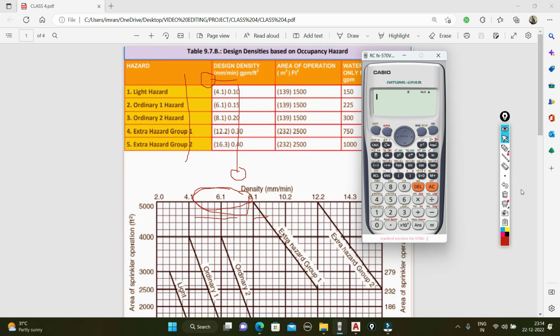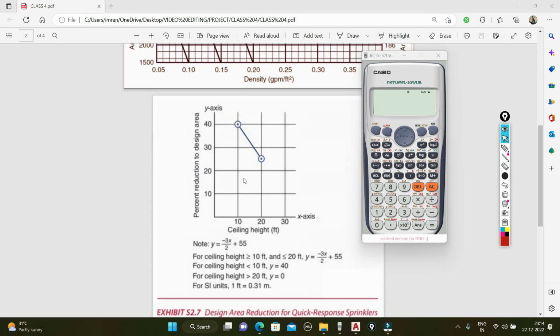Here you know that the area of operation we consider for light hazard is 1500, but if we are using the quick response sprinkler and the ceiling height is 10 feet or less, then we will use this graph or this formula to determine the area of operation.